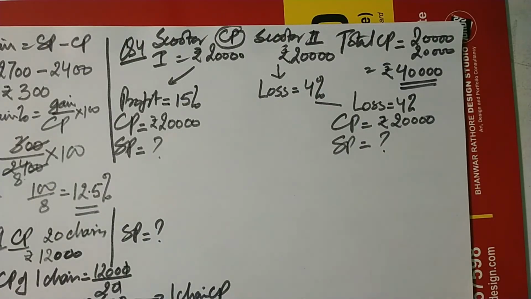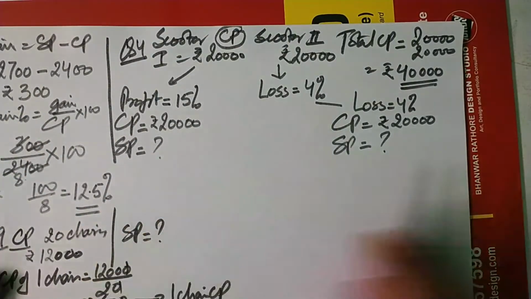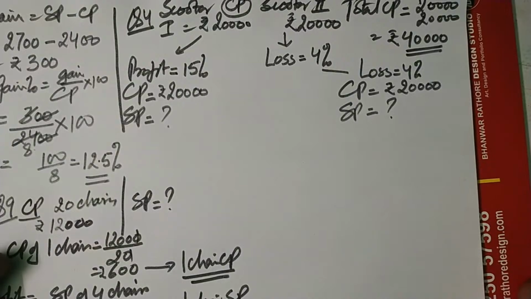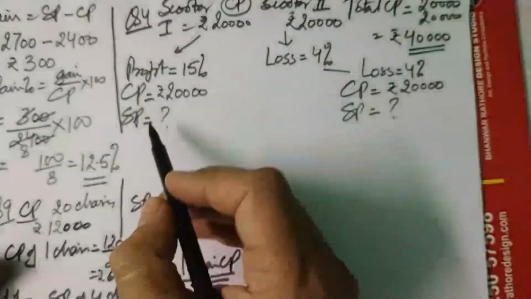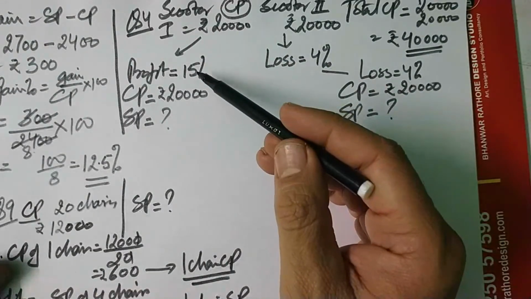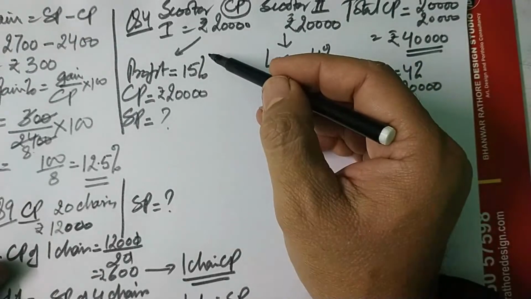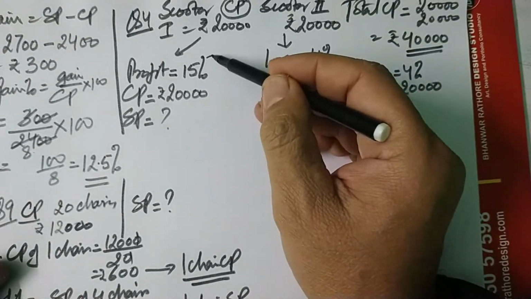So what will you do now? We will use the formula which we did yesterday, the CP SP method. Whenever profit or loss, CP or SP is given, two things we need and the third thing we have to find.